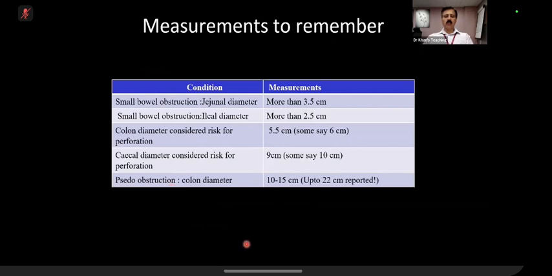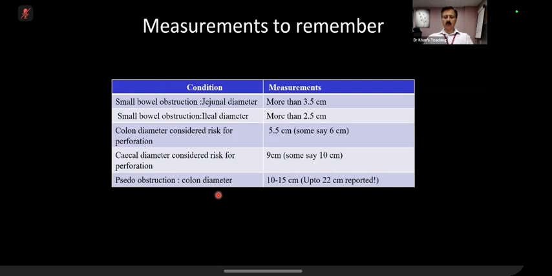Now, pseudo-obstruction is an entity which you will see in old age patients, and these patients will come to you with horrendous-looking plain X-rays, and you will see on PACS old films, which will tell you that this thing was there since ever. And these patients are usually bedbound.